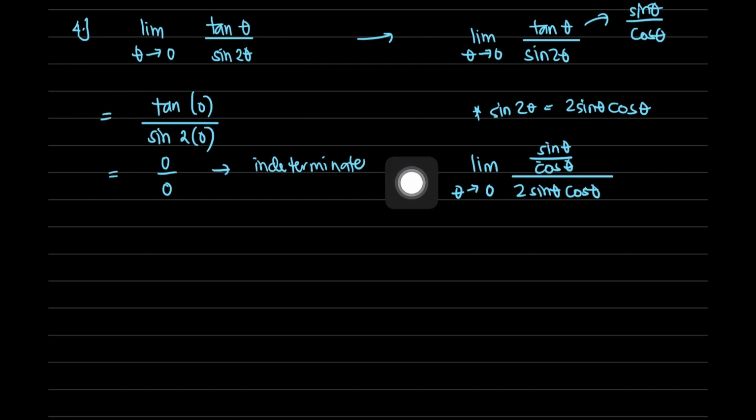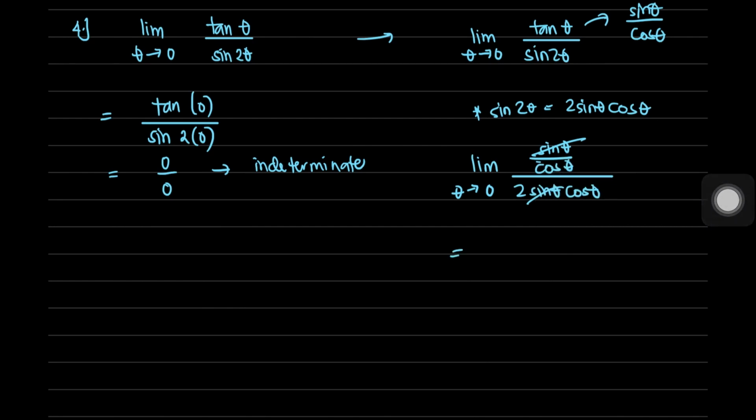Now, sine theta in the numerator can be cancelled out with sine theta in the denominator, and the cosine theta in the denominator of the numerator will be multiplied by the cosine theta of the denominator.